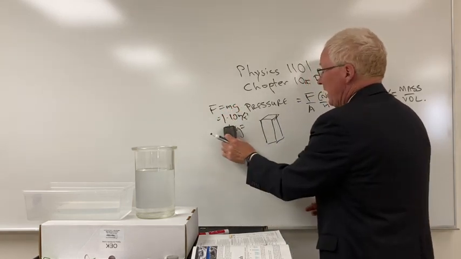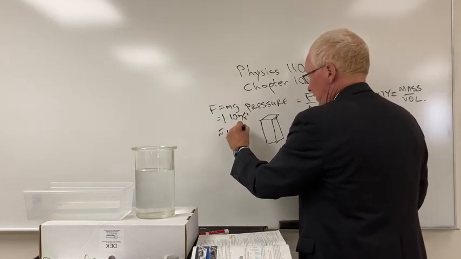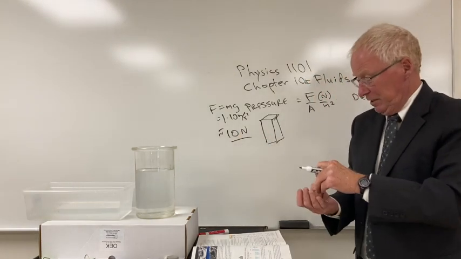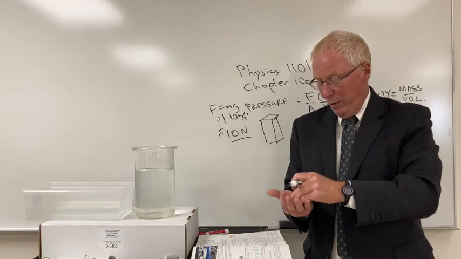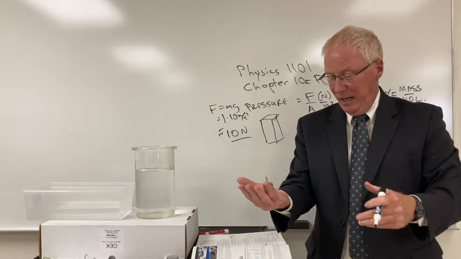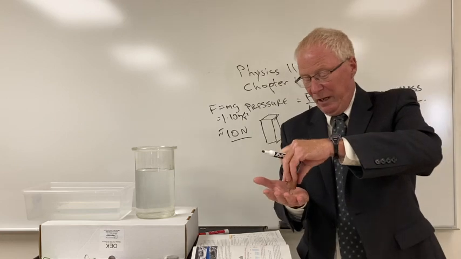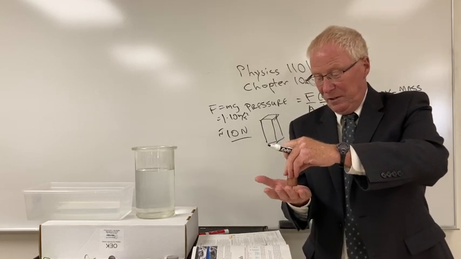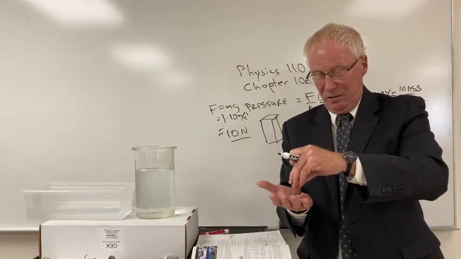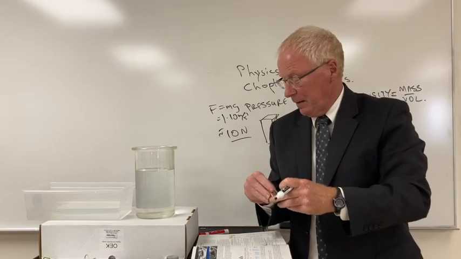So this mass has a weight of roughly 10 newtons, all right? Now when we talk about pressure, I have a weight, but how is that distributed? If I hold it in my hand like this, it's spread out over quite a bit. If I put it this way, I'm still holding the same weight, but it's more focused on one part. And this creates what we call pressure, so it's force divided by a certain amount of area.